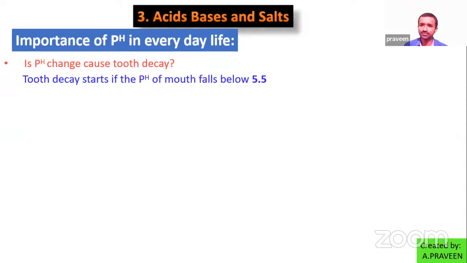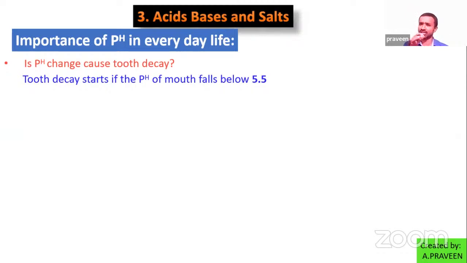Why? Because there is a reaction, as you learned in the lab activity, acid reacting with metal. So what metal do we have in the mouth? Simply calcium, in the teeth enamel, right? That calcium reacts with the acid present in your mouth, released as saliva.